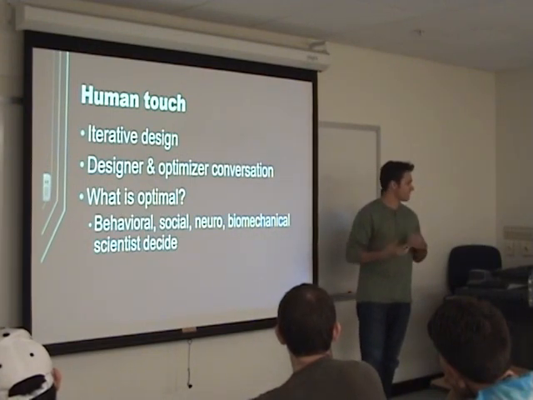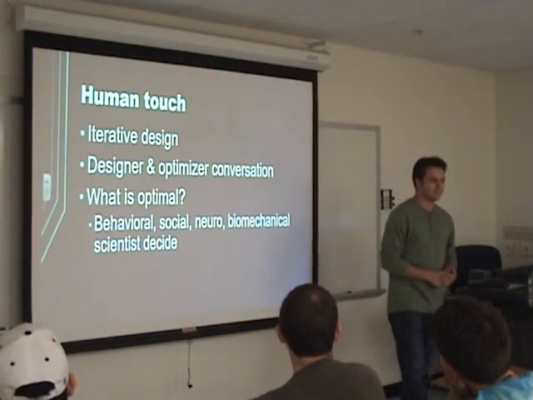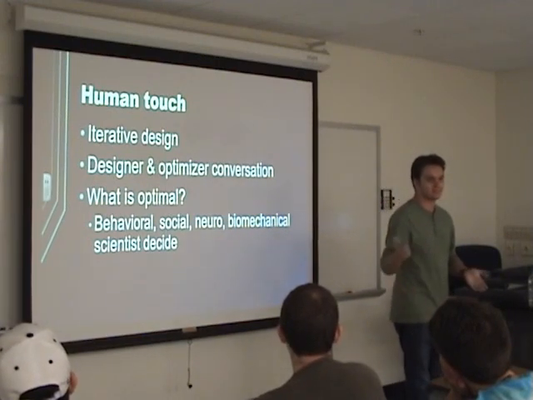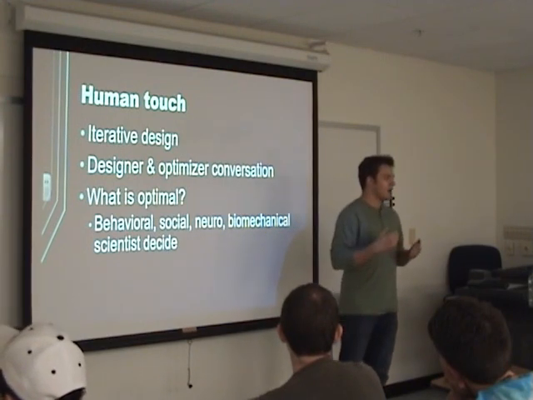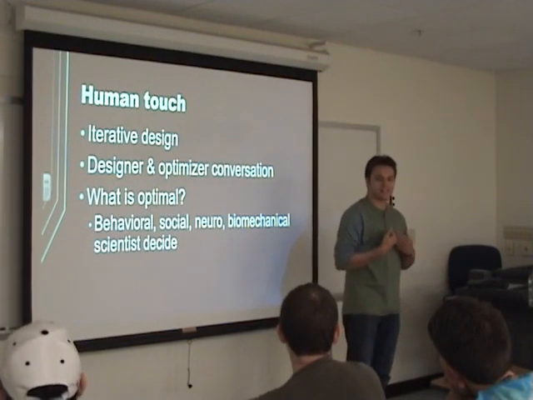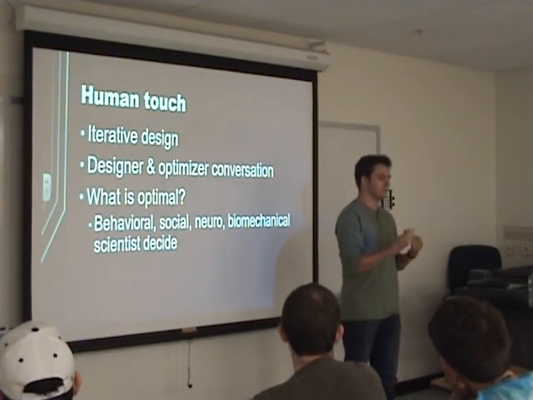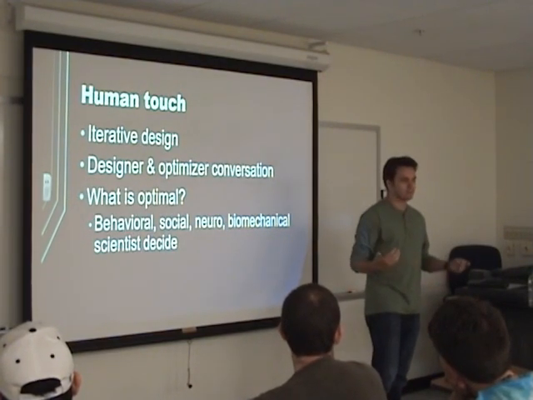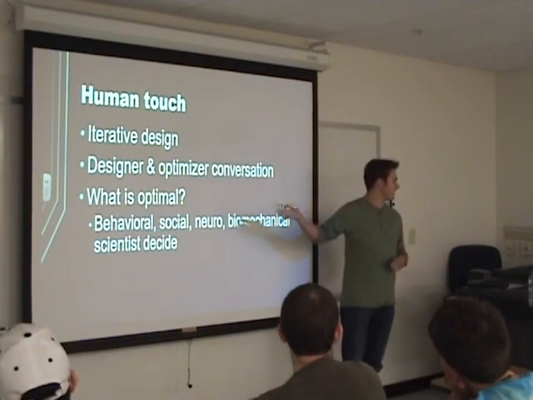And figuring out what is optimal, that's up to different scientists than us. That's behavioral scientists, social scientists, neuroscientists, biomechanical, all of the people that collect metrics and then tell us what those metrics are and what the correct answer should be. No UI is perfect. You're going to have to do those balancing acts between those 4 categories.